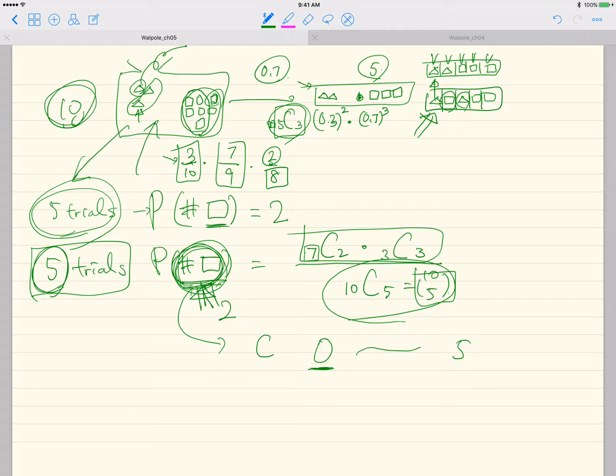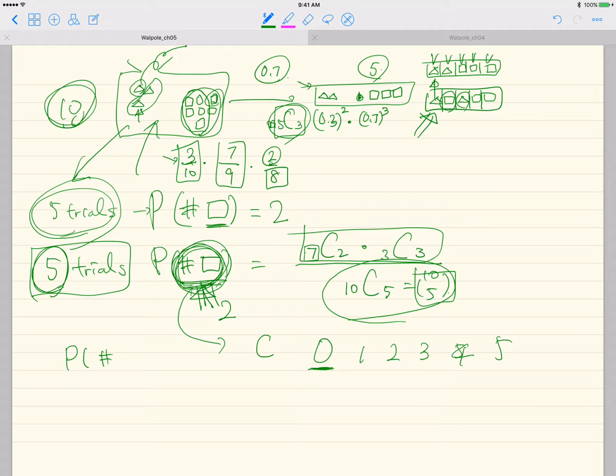So 0 is definitely possible, and then 1, 2, 3, 4, 5 are all possible. So in this case, the range of unique possible values for this random variable will be the same as the binomial distribution.